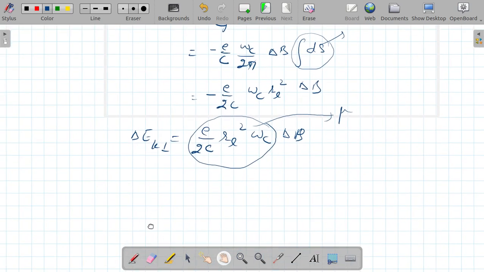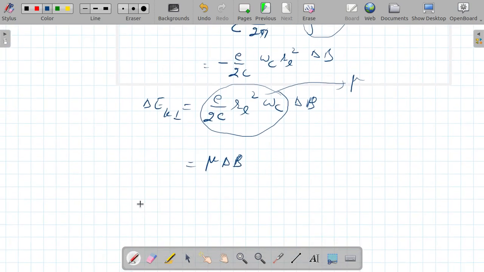So if it is magnetic moment, then this whole can be written as mu delta B. So this change in kinetic energy is either minus q by c, curly B over curly t, dS, or it is equal to this one.